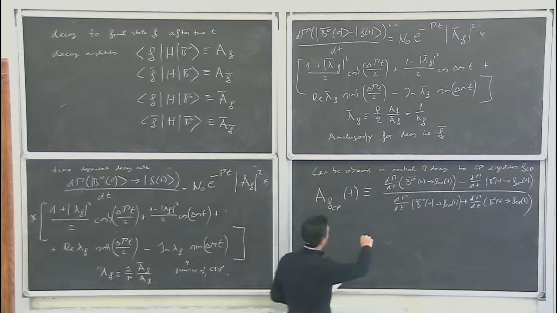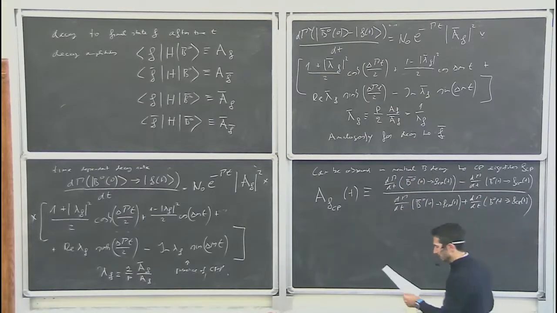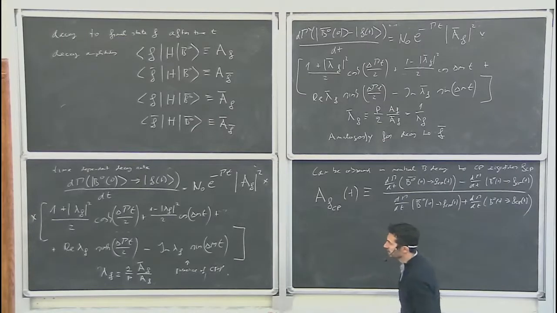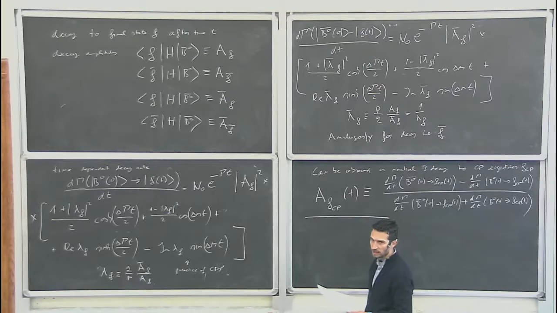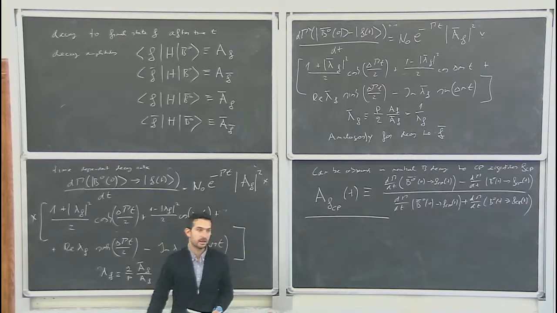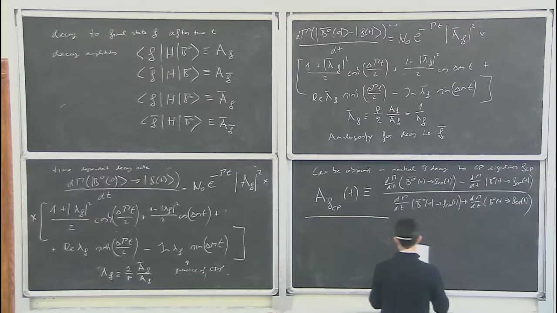Now, plugging in the above expressions into this asymmetry definition, we can simplify the resulting expression a lot in a limit which is applicable for B sub d decays and to some degree to B sub s decays, but unfortunately not for kaon decays.